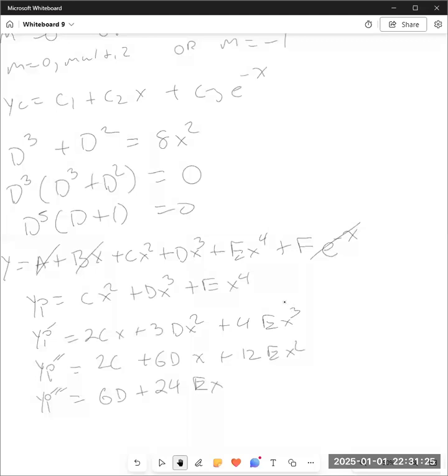So I have y triple prime plus y double prime equal to 8x squared.